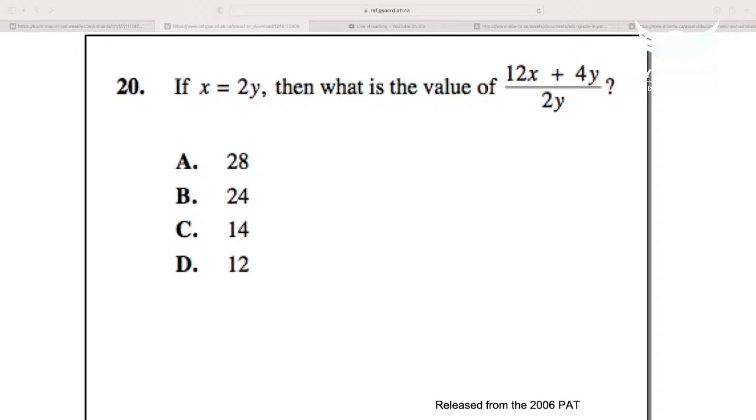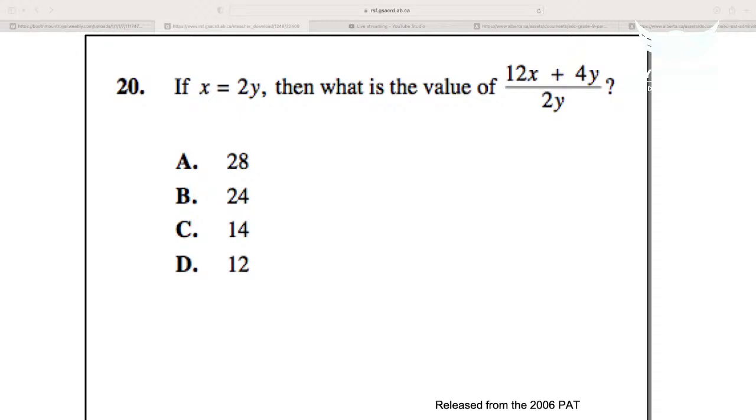Let's see what we can do here, right? So 12x, right? So if we try to replace x with 2y, what do we get?